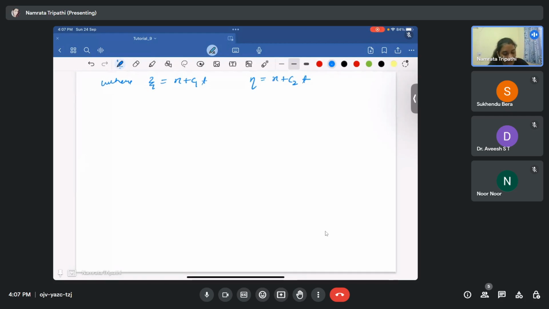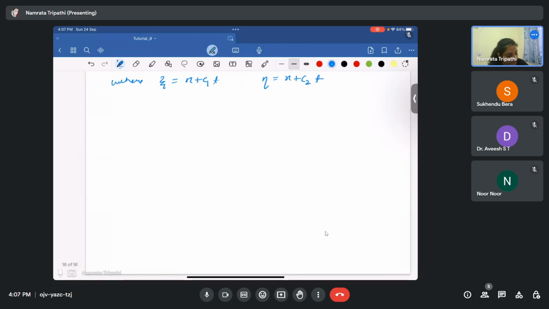Can anyone tell me what is the value of u xi eta from here?